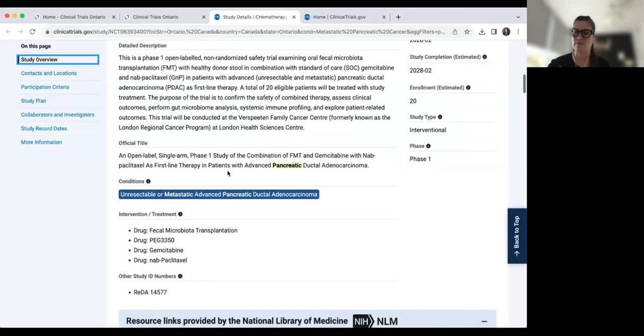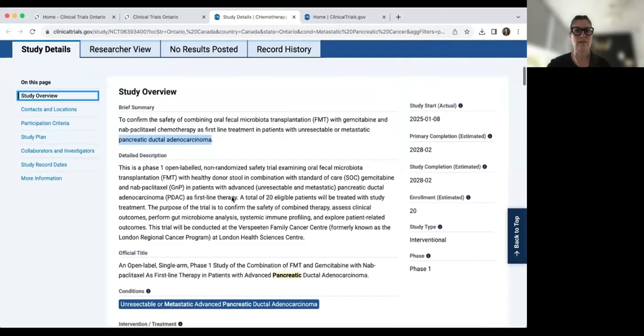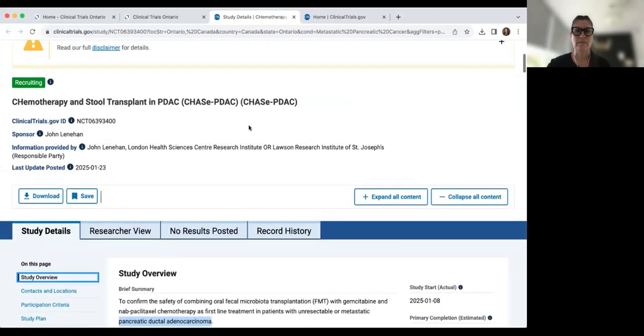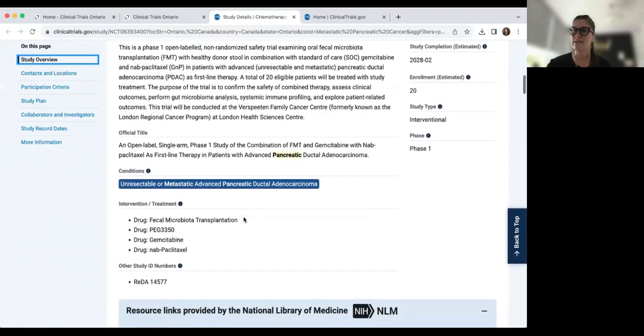And then here's the official title. And I always find it really interesting how they have an official title and somehow they've come up with this acronym of Chase PDAC. So you may hear about the study from the acronym itself as well. So that tells you a bit about the kind of overview of the study itself.